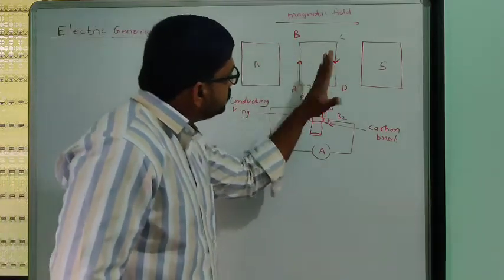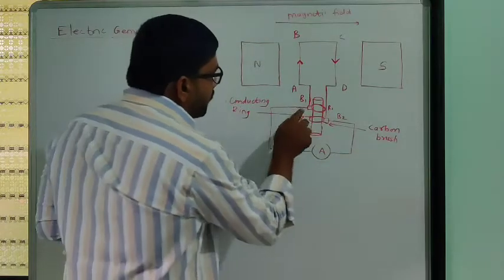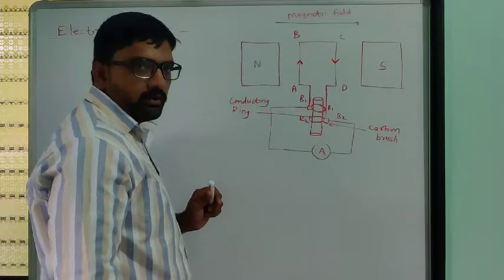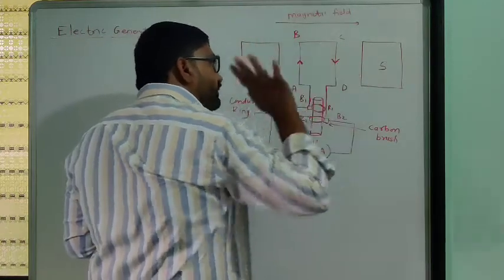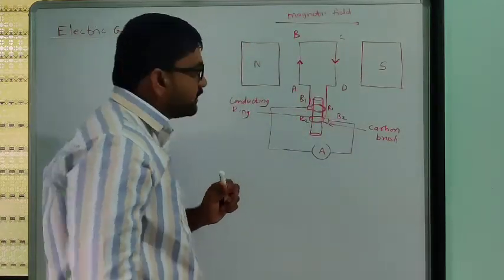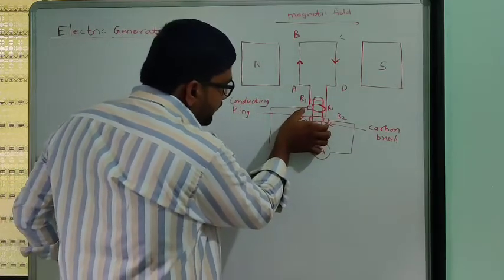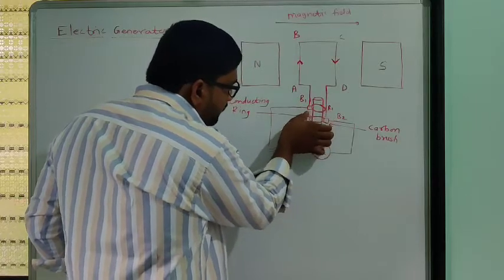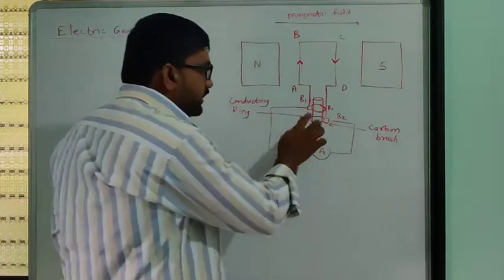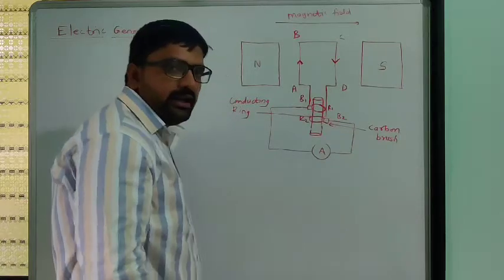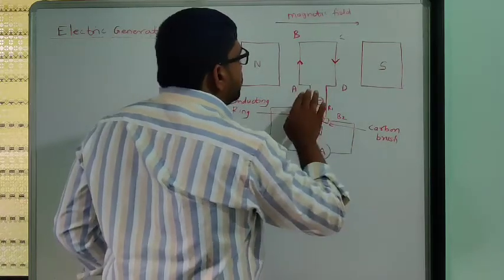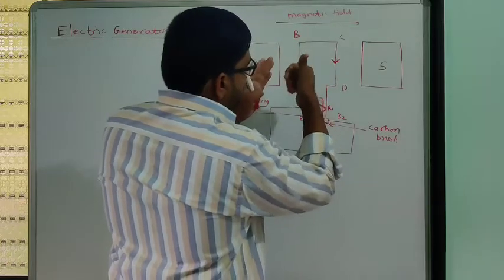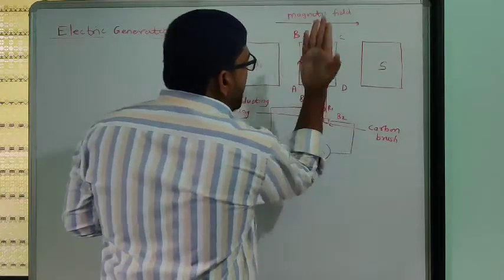So as we move this coil, this AB branch has current in the inward direction, and the CD branch has current in the outward direction, and these two branches are connected to carbon brush B1 and carbon brush B2, through ring 1 and ring 2. Suppose force will act on this side in the upward direction, so this will move like that.